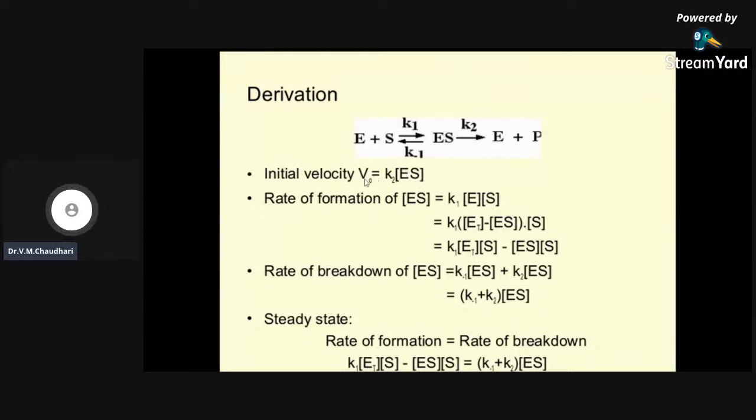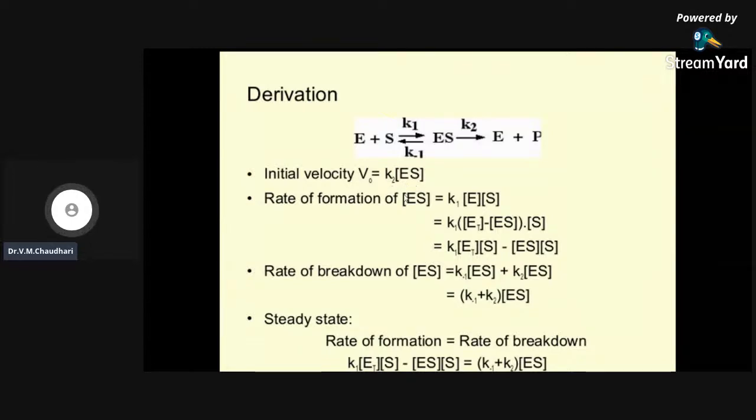So this V0 is the initial velocity which converts substrate into product, and it is defined by the equation K2ES. This is not my derivation, it is the Michaelis Menten derivation. This is given by the Michaelis Menten theory.